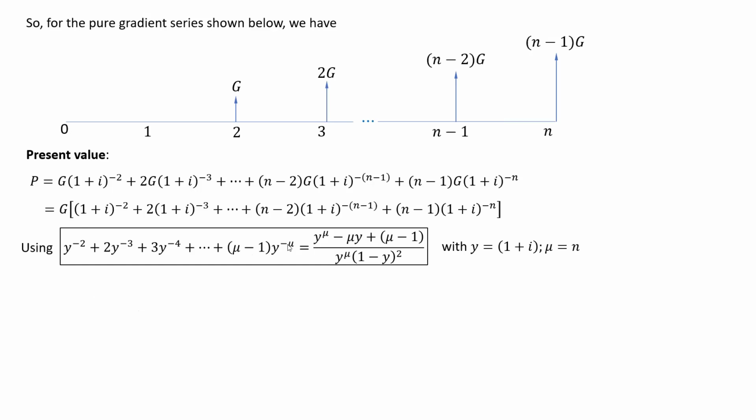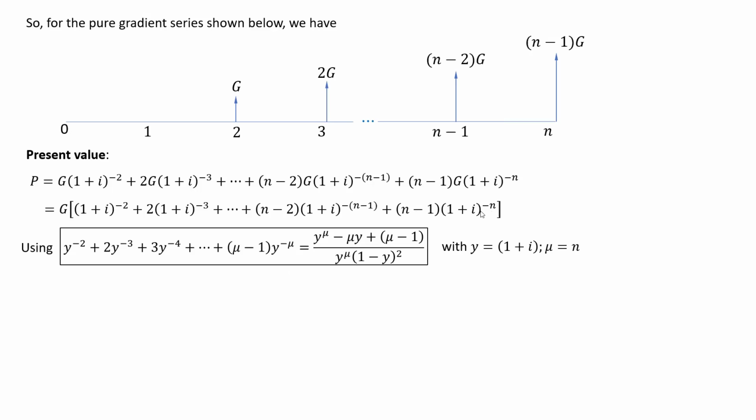Y to the negative mu, the very last term is mu minus 1 times y to the negative mu. The very last term here is n minus 1 times 1 plus i to the negative n. So that means mu minus 1 must be equal to n minus 1, which means mu must be n. And that is also confirmed by the exponent. The exponent is negative mu, the exponent is negative n.